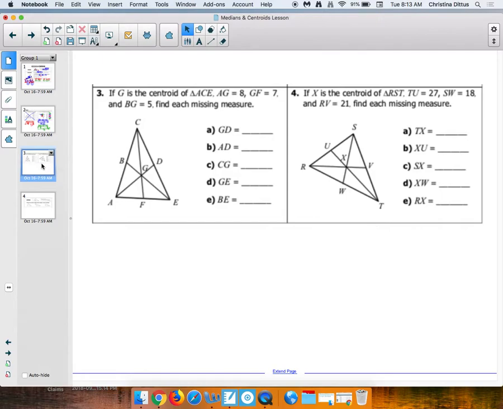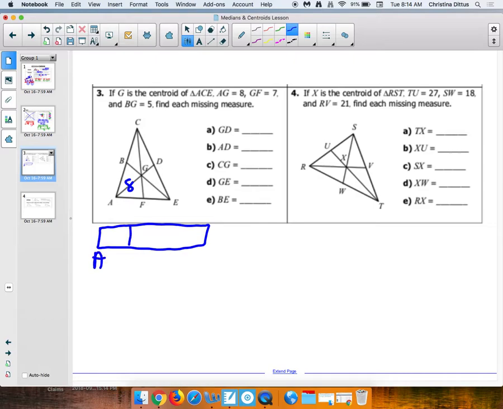Number 3 tells me again I got a centroid. A to G is 8. Is AG 2 boxes or 1 box? 2. What finishes out my line? What's my last letter?